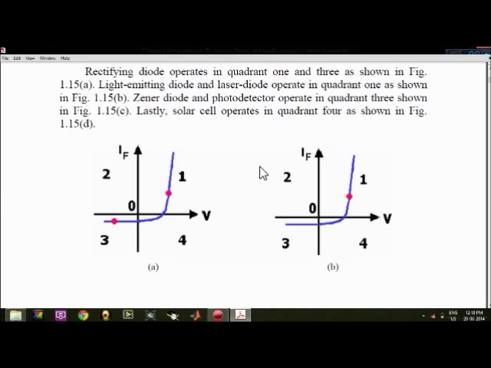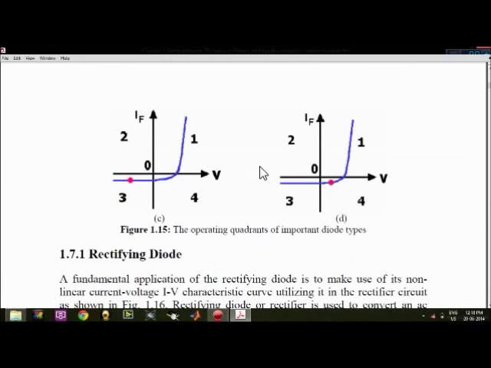The Zener diodes and the photodiodes work in the reverse condition, so they act in the third quadrant. And finally the solar cell acts in the fourth quadrant. So on the basis of their operation, we have separated all these in these quadrants, so that it will be easy for you to remember.